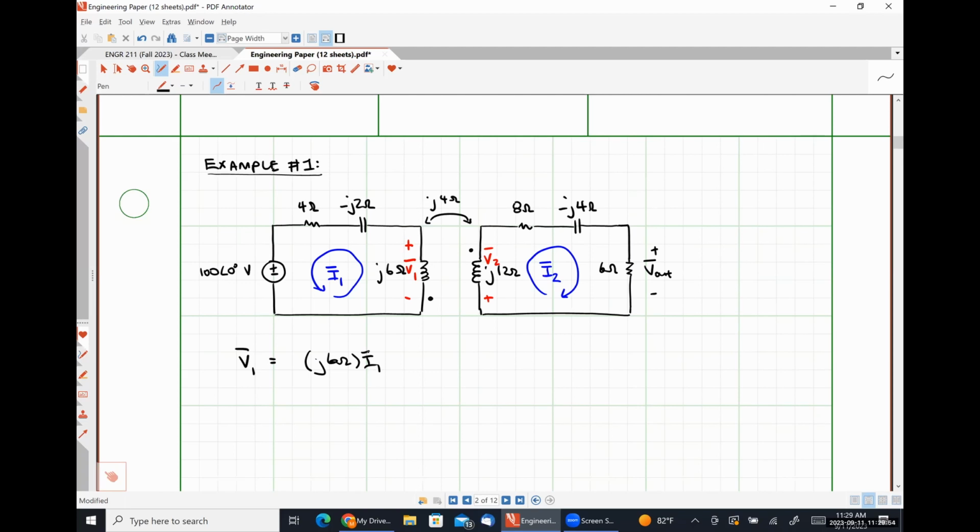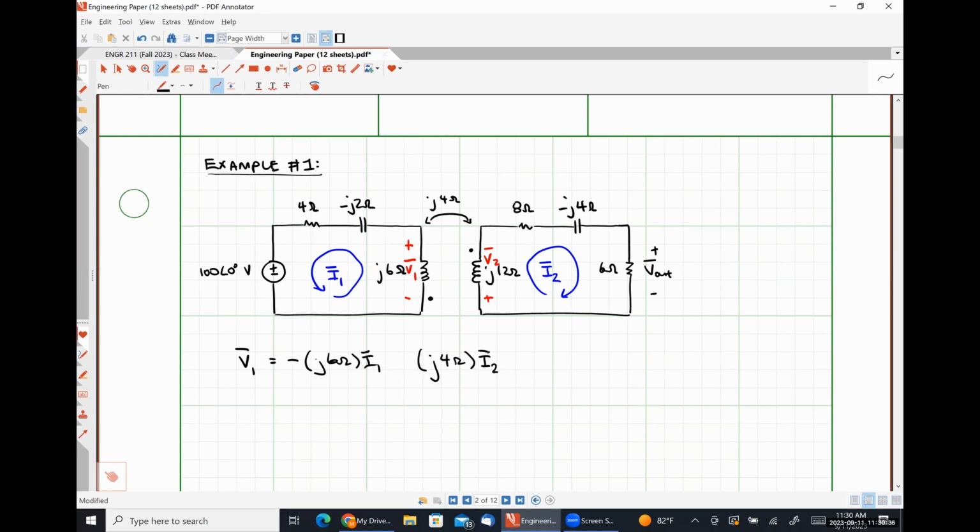So the positive polarity... should I get a plus sign or a minus sign? Minus sign. Then the mutual term, right? So the mutual term is going to involve this J4, I2.